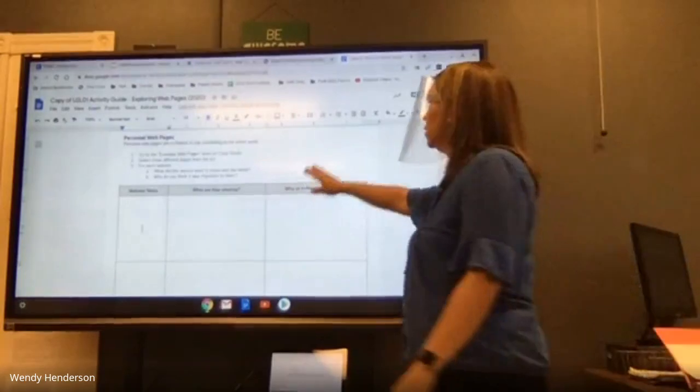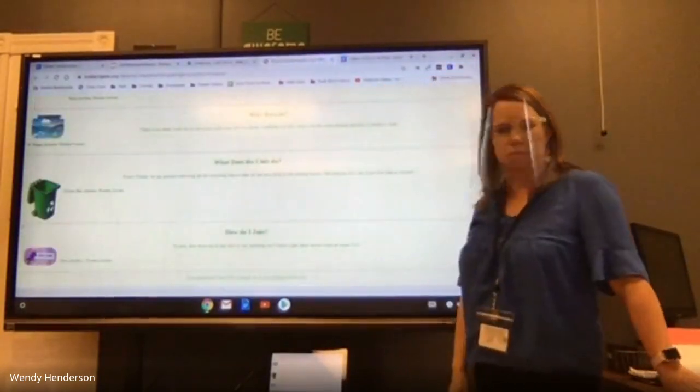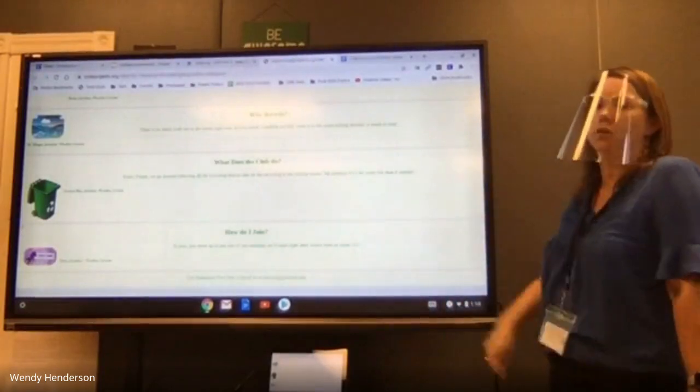All right, so once you get what are they sharing, go back and look, why do you think it's important to them? Why do they even bother creating the website?